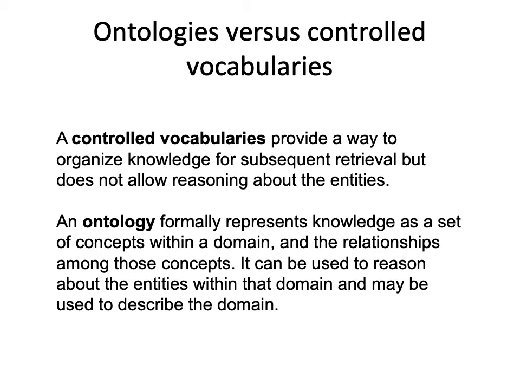The concepts of cell cycle and S phase are completely separate, and there's no way to encode that one is related to the other. But ontologies give you a mechanism for describing those kinds of part-of relationships.